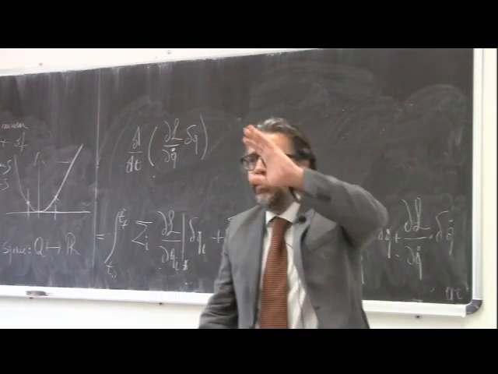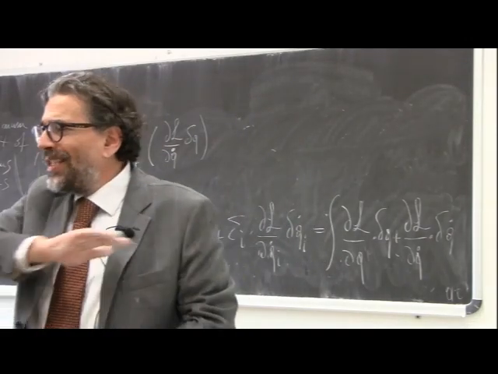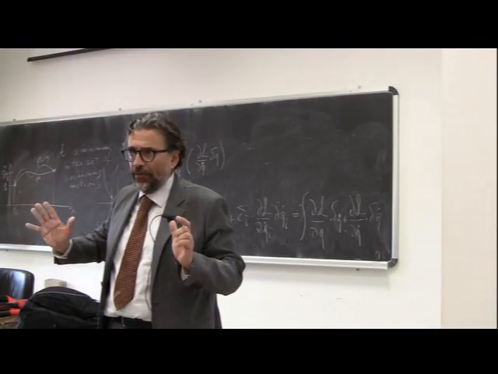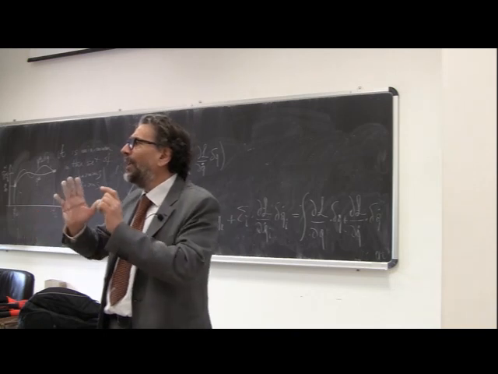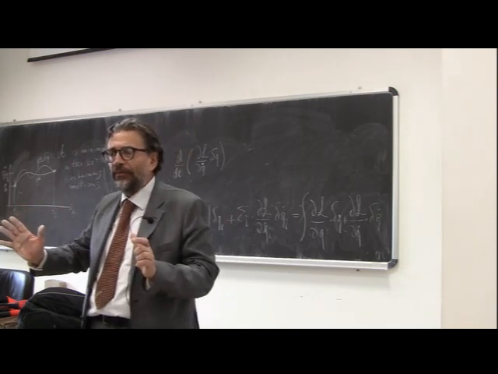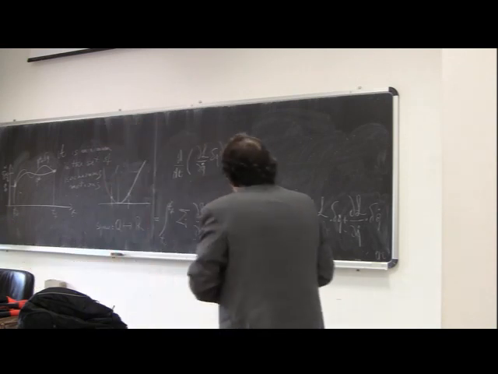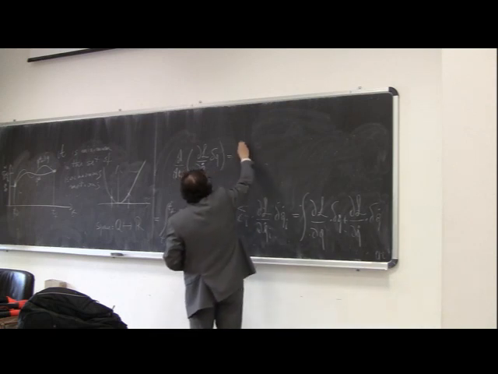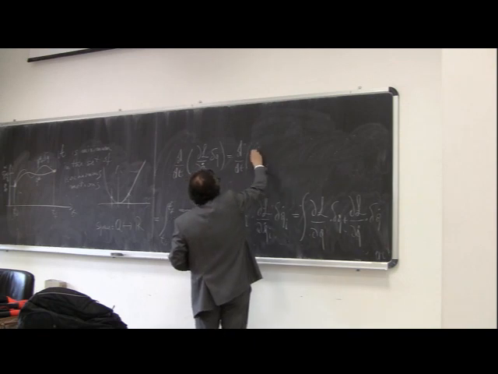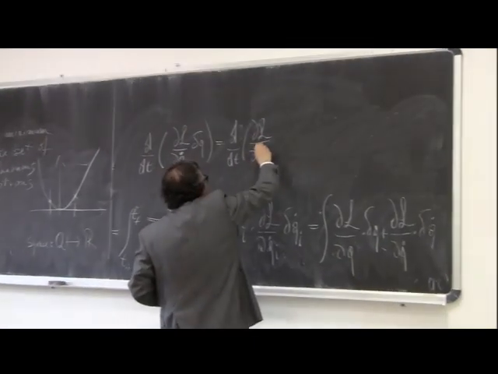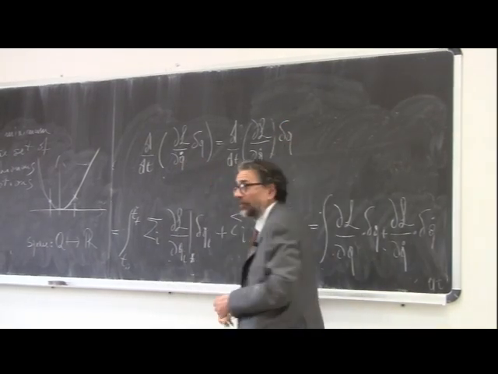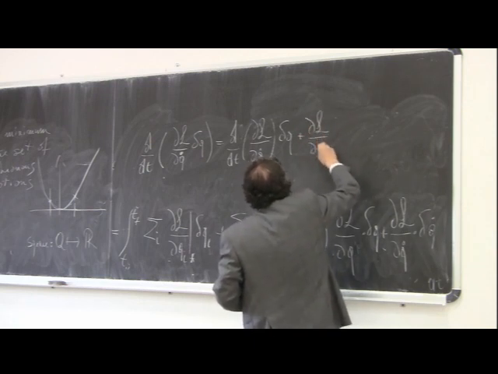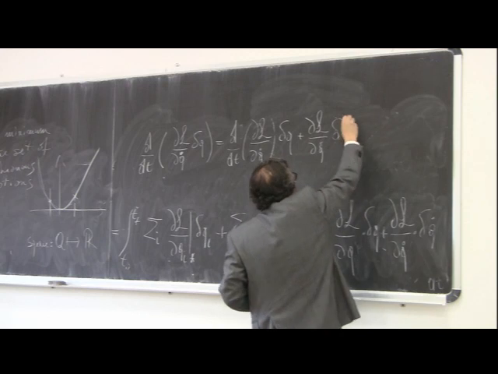What does it mean? d over dt means consider what is in the bracket as a function of time, and calculate the total derivative with respect to time. Okay? Chain rule, no, Leibniz rule tells you that this is equal to d over dt of dL over dq dot, delta q, plus dL over dq dot delta q dot.